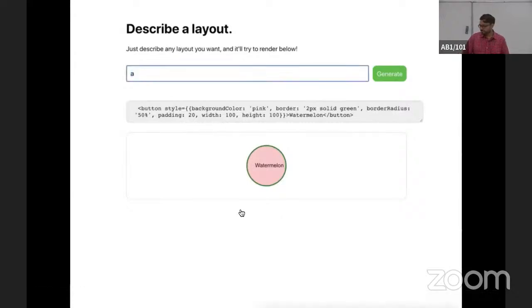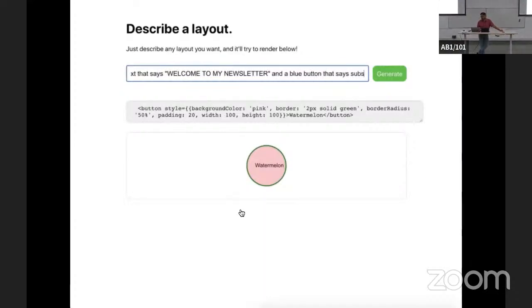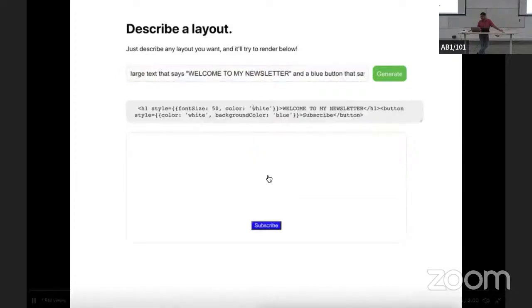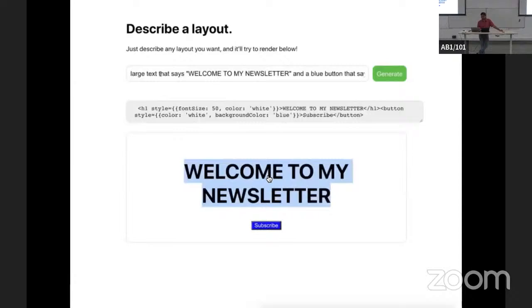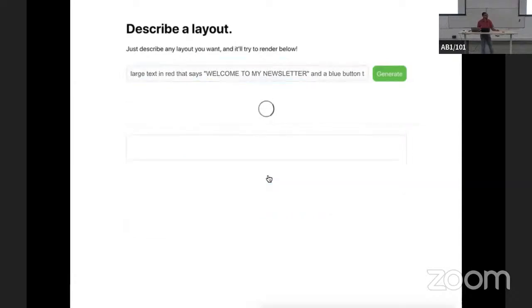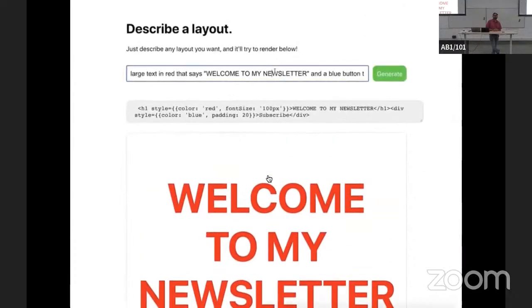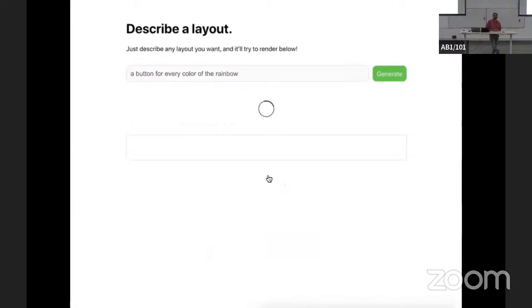One more example. I want to generate large text that says welcome to my newsletter and a blue button that says subscribe. A button for every color of the rainbow.